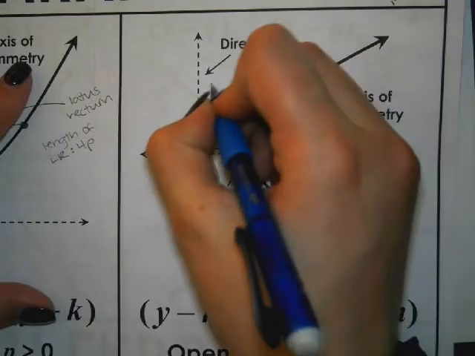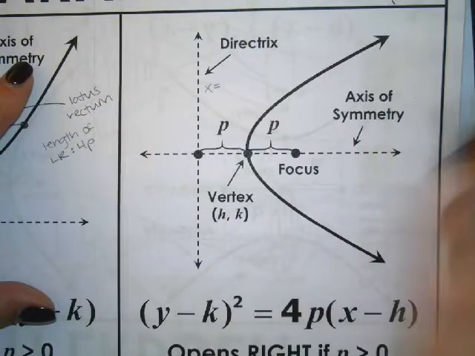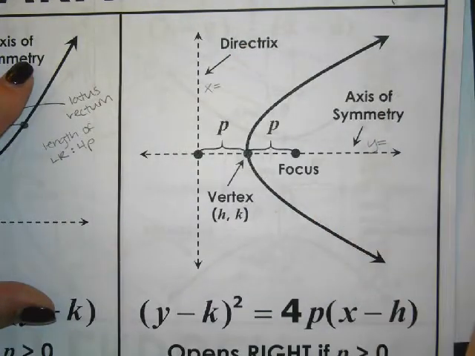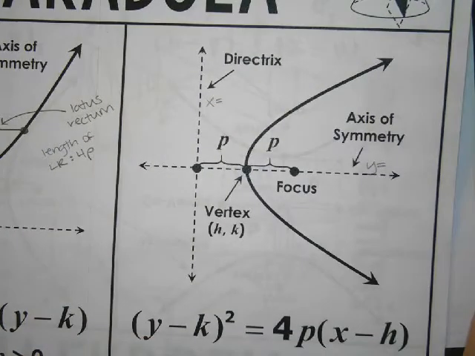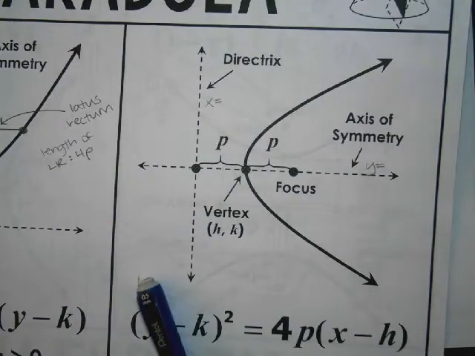And when we switch to the other picture, the directrix would be an x equals equation, and the axis of symmetry would be a y equals equation, because it's horizontal. Was there anything else that came up that we should add to our picture? No? Okay. So go ahead and work on that for a bit.